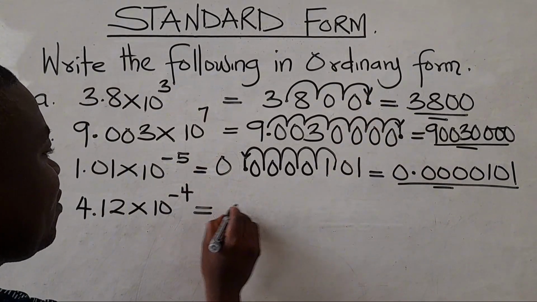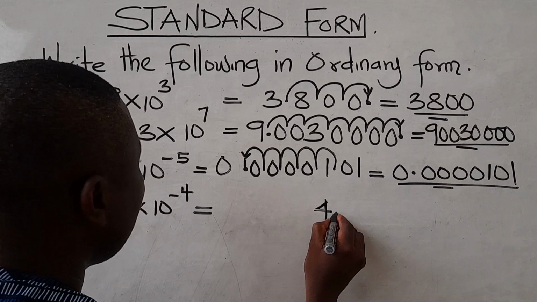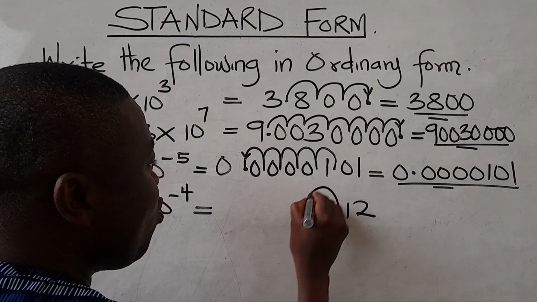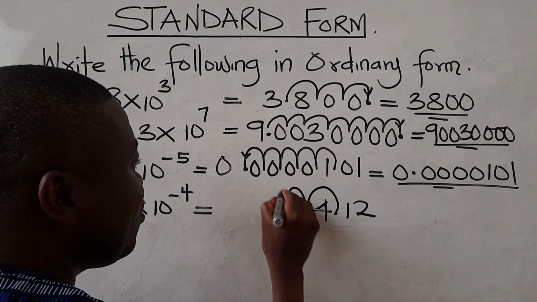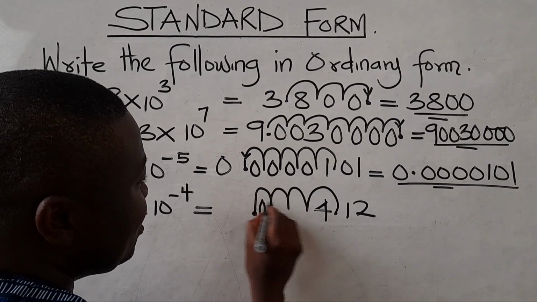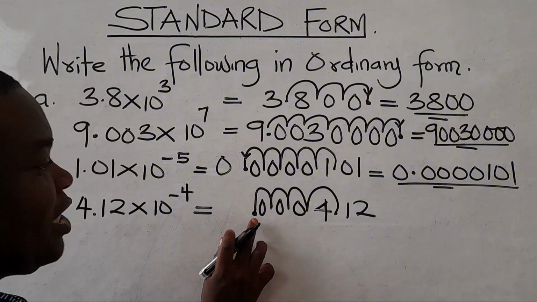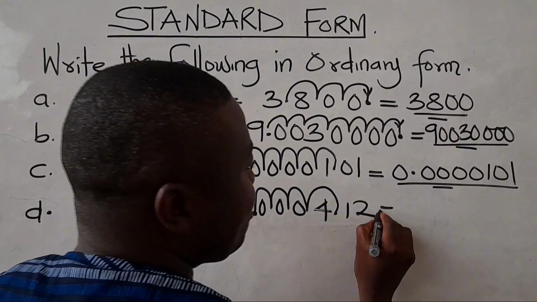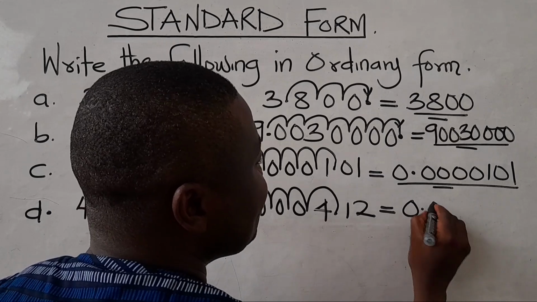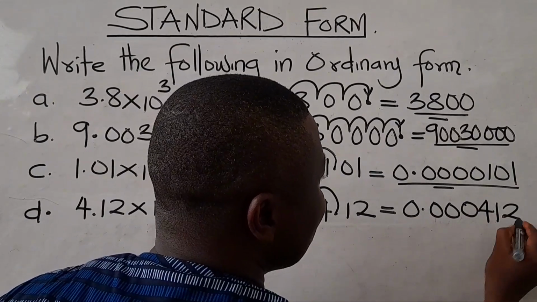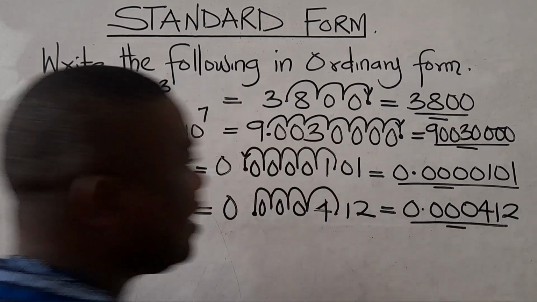This will give us, let's write it, 4.12, 4 times: 1, 2, 3, and 4. We put the point here, fill this with zeros. But you know we cannot start with a point. So you just make a little 0 there. You start with 0.000412. And this is the answer.